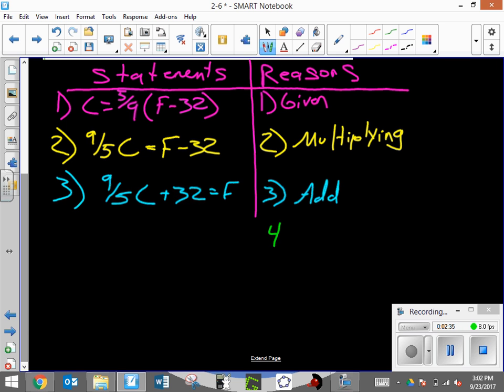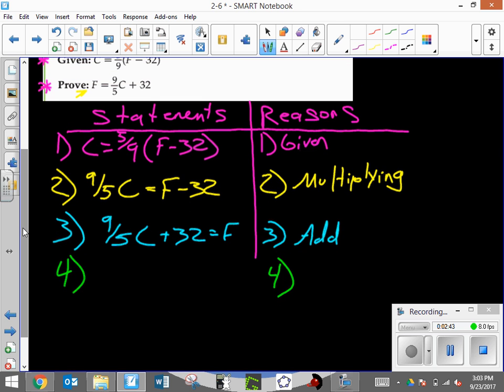And really, some people could be quite picky about this, but if I look back up there at the top, I technically have F equals on the left. And in step 3, I have F equals on the right. Well, we have a property way back at the beginning.